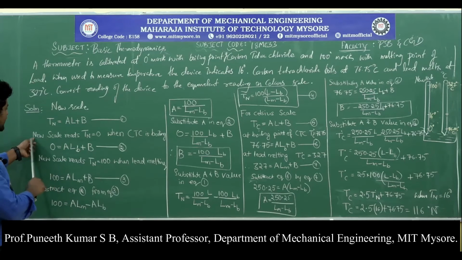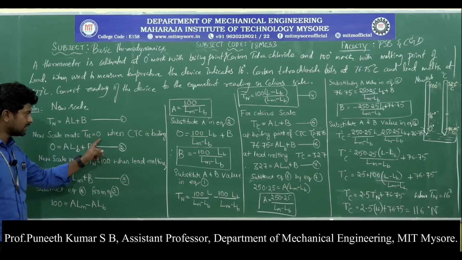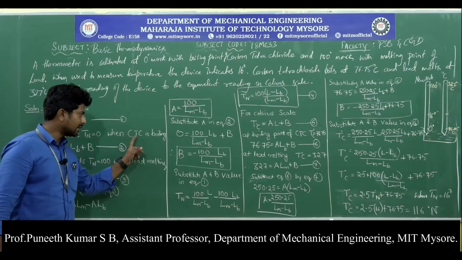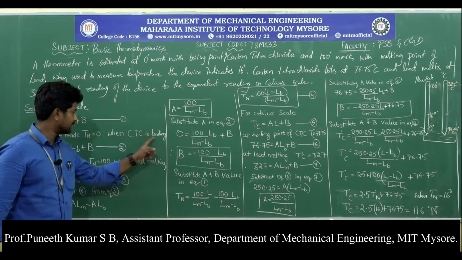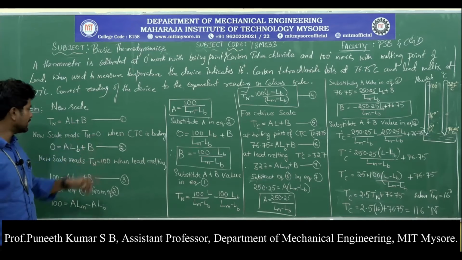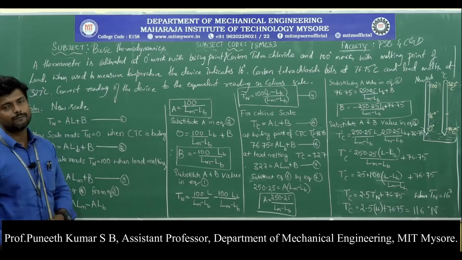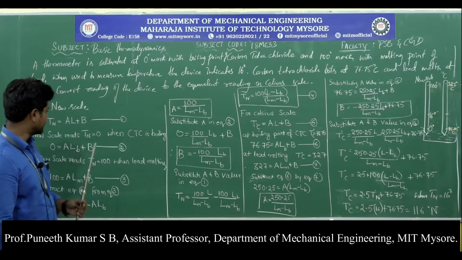The new scale reads temperature 0 when carbon tetrachloride is boiling. That means I substitute 0 in place of temperature, and in place of L, I substitute LB. B represents the boiling point of carbon tetrachloride.